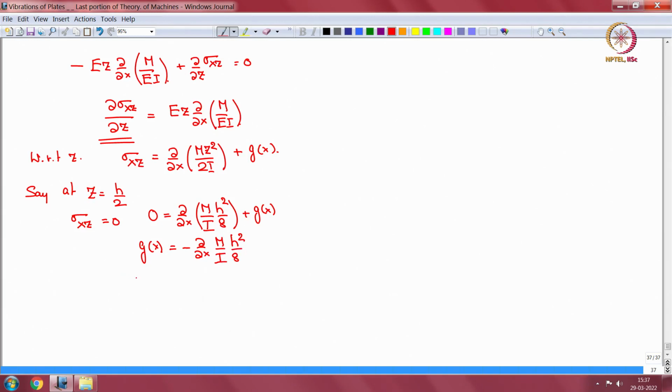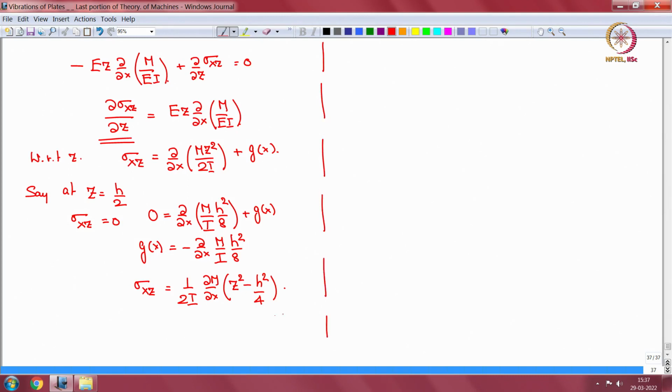So finally sigma xz becomes 1 by twice I del M by del x into z square minus h square by 4. So it's a parabolic, you must have seen this before.